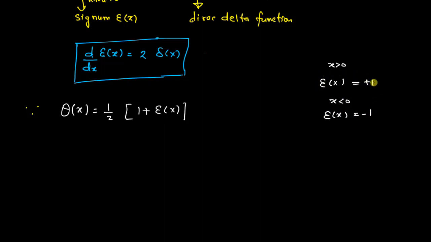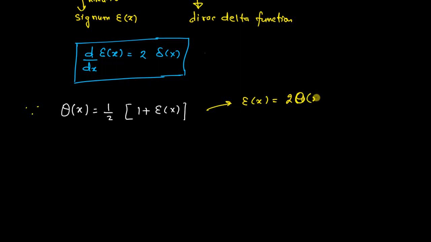So if x is greater than 0, theta of x will be 1, and otherwise it will be 0. So we have the correct relation between theta of x and the step function. You just substitute, and from here you get e of x as 2 times theta of x minus 1, and if you differentiate it you will get d by dx of theta of x is equal to delta of x.